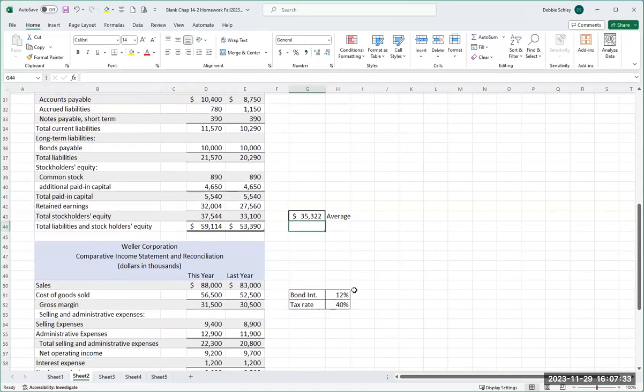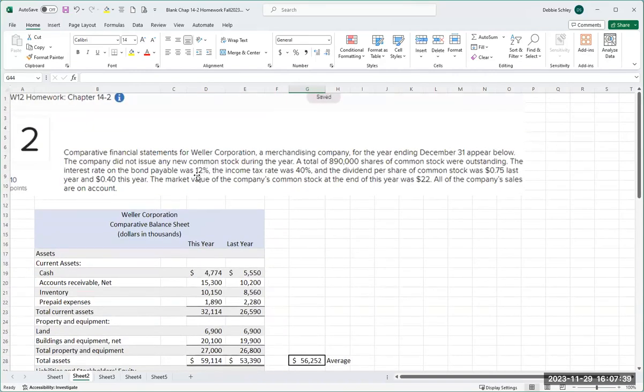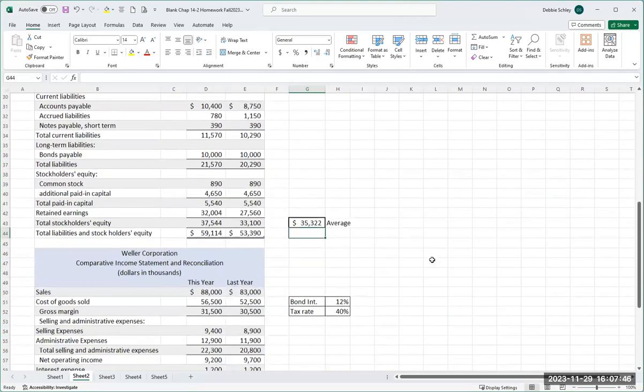Okay. And then I referenced here, there's my bond interest, right? They told me that right there, 12%. And my income tax rate was 40%.